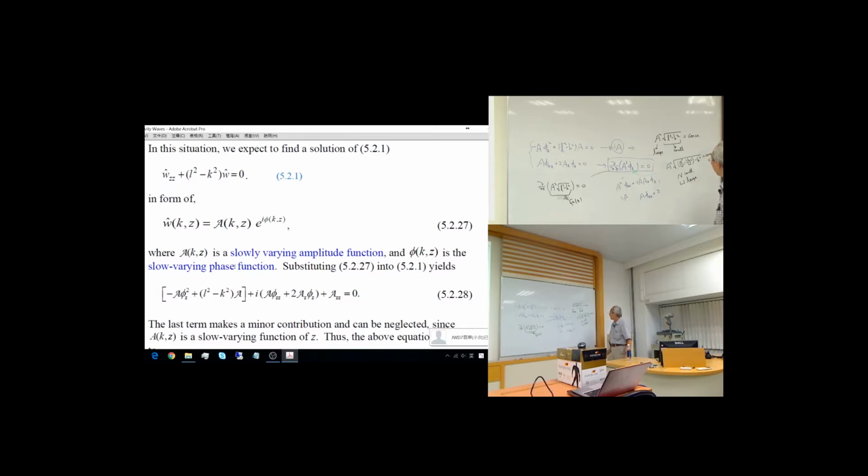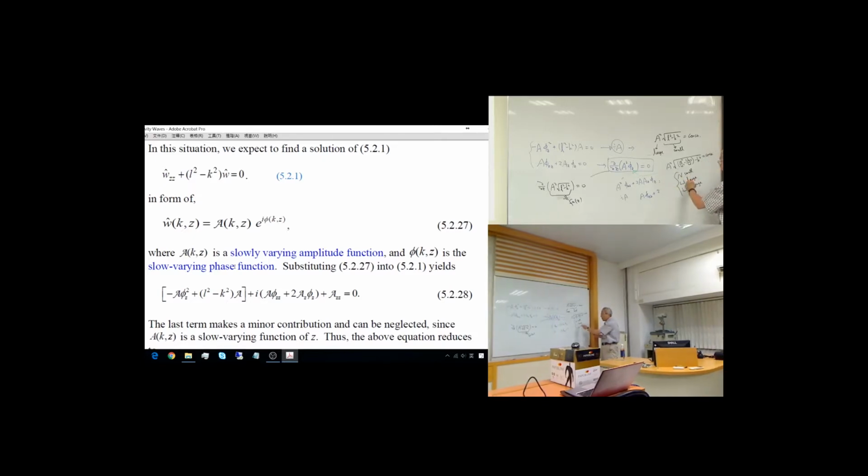And UGG to be what? You want this whole term to be small, then UGG has got to be large too. So those are places where a wave can amplify.